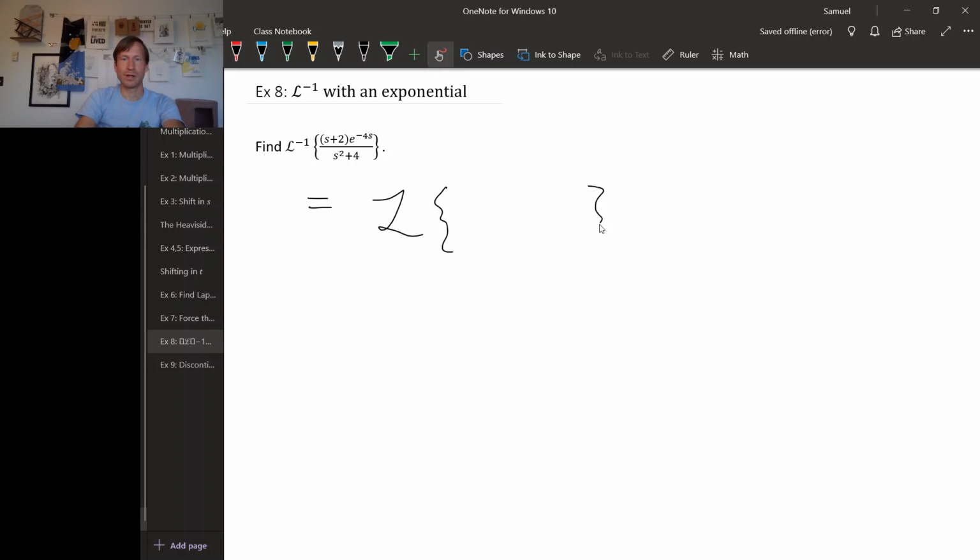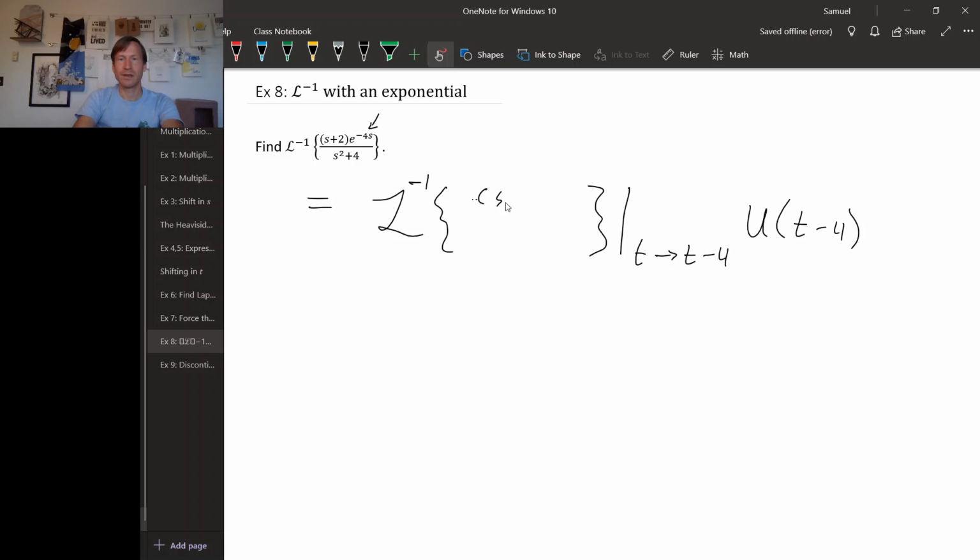That exponential in the s world turns into a shift in the t world. So we have to replace t with t minus 4 and multiply by a step, u of t minus 4. Then the rest of what we need to take the inverse Laplace transform of is everything except the exponential.